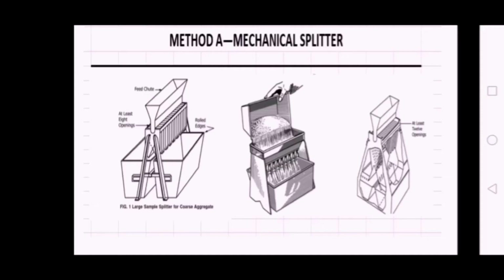Reintroduce the portion of the sample in one of the receptacles into the splitter as many times as necessary to reduce the sample to the size specified for the intended test. Reserve the portion of the material collected in the other receptacles for reduction in size for other tests when required.